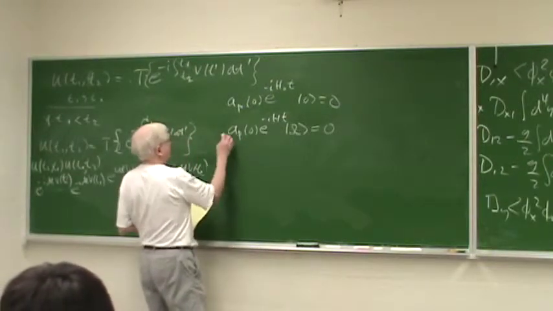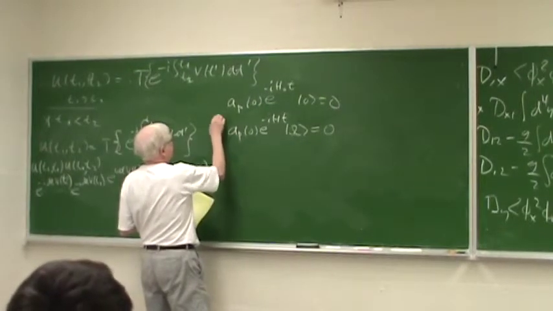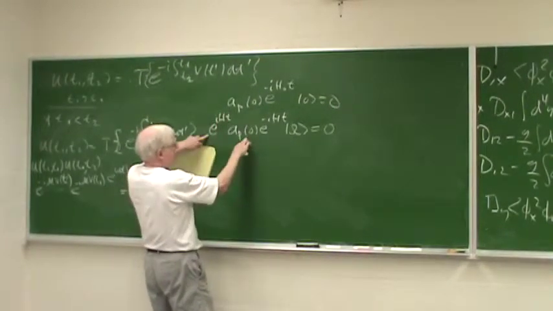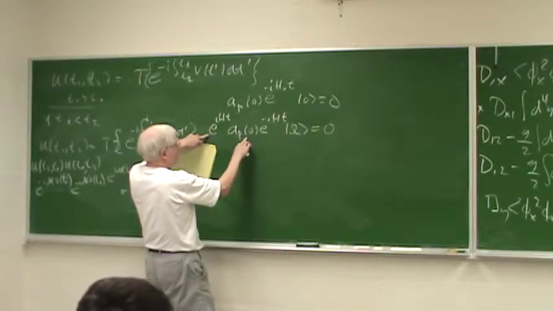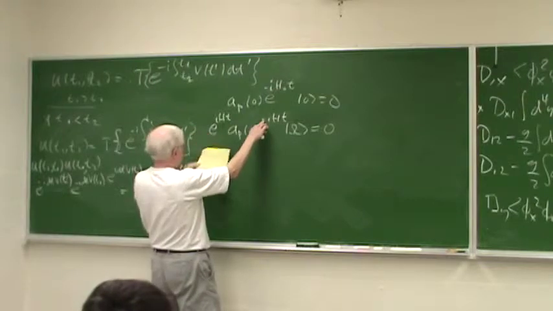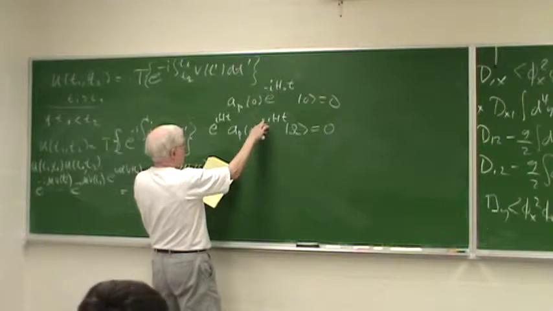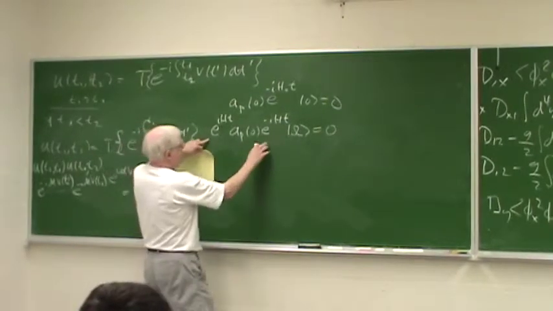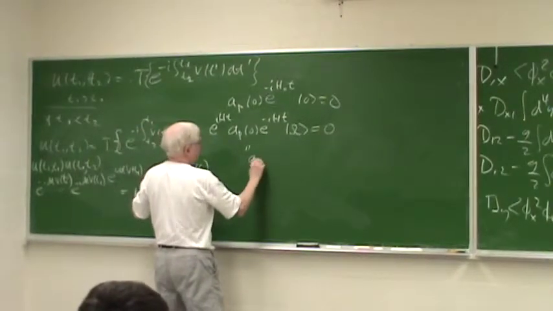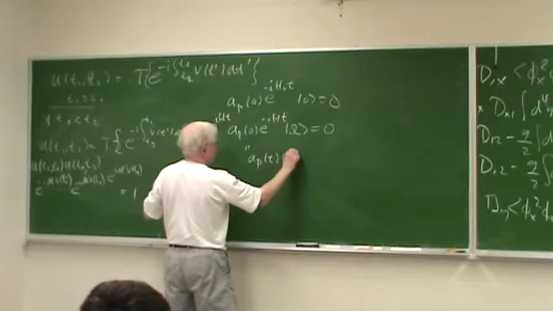In other words, let me rewrite this. This is e to the iHt A_p of 0, which is A_p of t on the vacuum. Actually, I think I got a sign wrong here. No, it's okay, I've got the sign right.